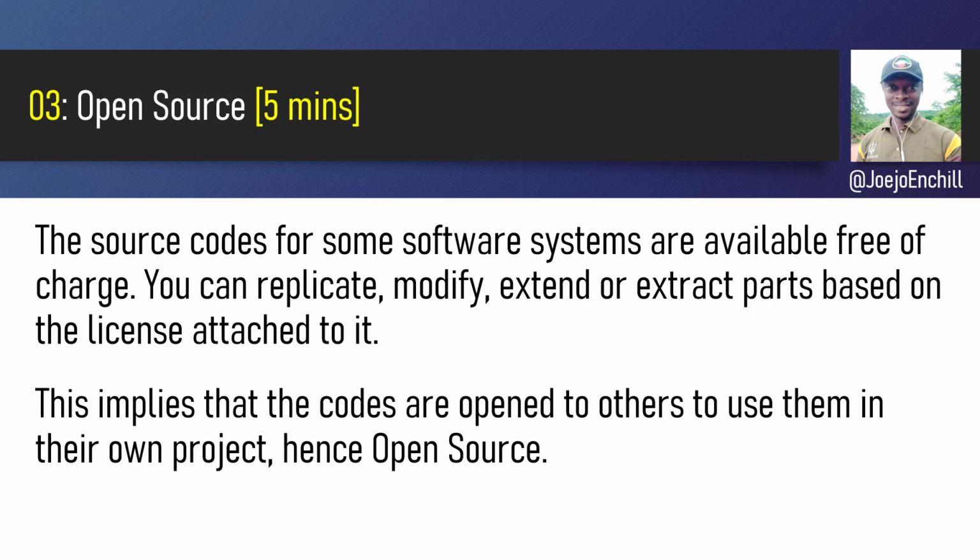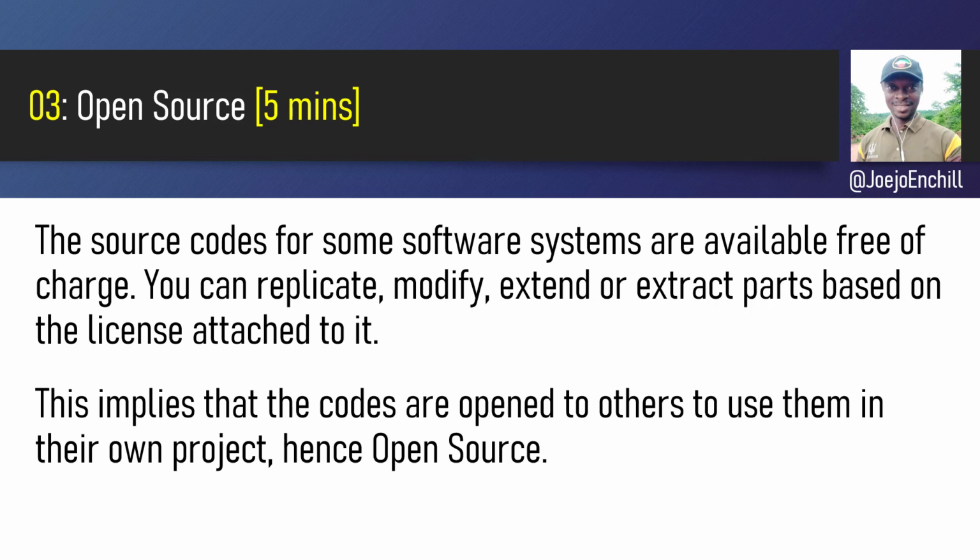On the other hand, if you do not want other developers to use your source code, then you can close it up. When that happens, we say we have closed source code. When a source code is closed, it is prohibited to replicate, modify, extend, or extract it without notifying the original creator.